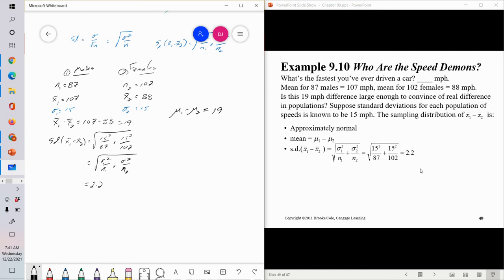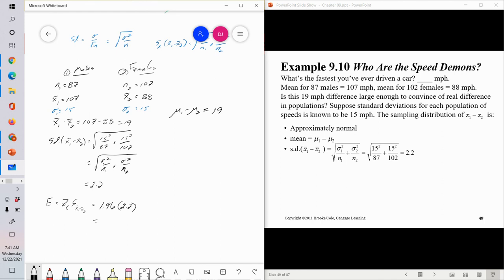Now remember that your margin of error is still Z sub C times the standard deviation. So let's find another 95% confidence interval. If I want the 95% confidence interval, Z is going to be 1.96 again. And we're going to multiply that by the 2.2.